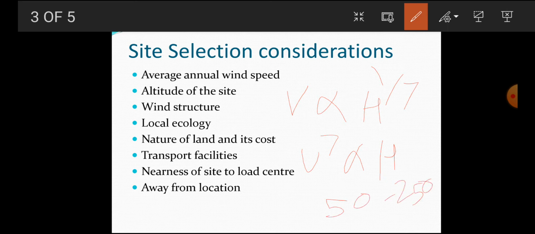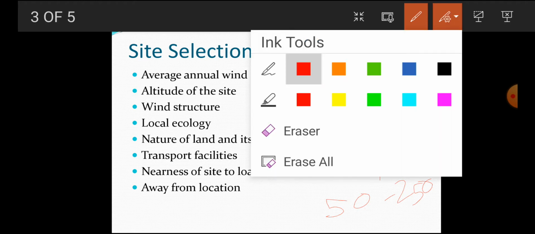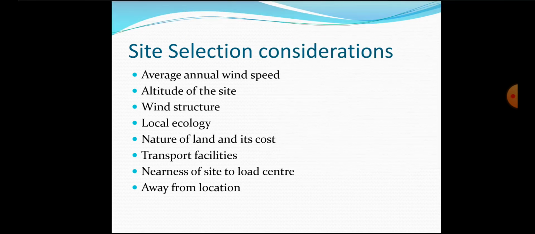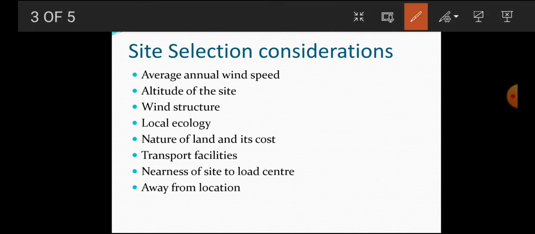Altitude also affects the air density and thus the power in the wind, and hence the WECS electrical power output. So velocity depends on height raised to 1 by 7. This is also an important point. After that, the third point is wind structure.